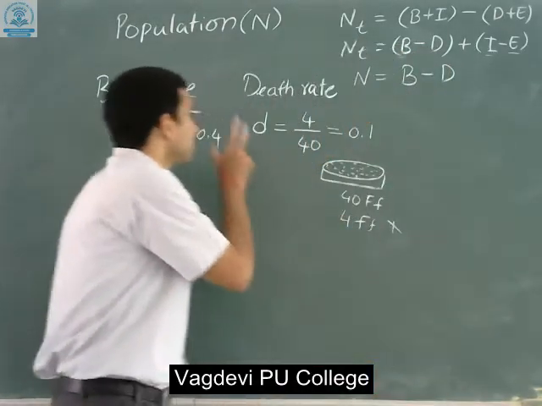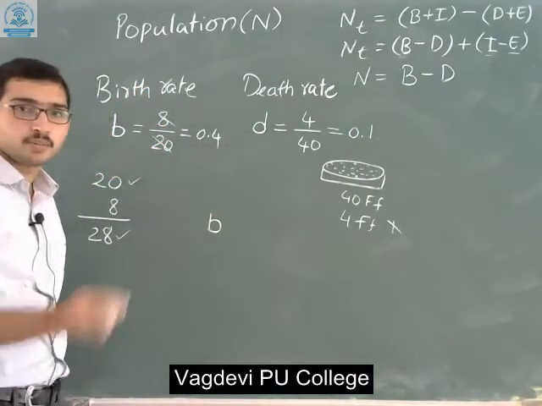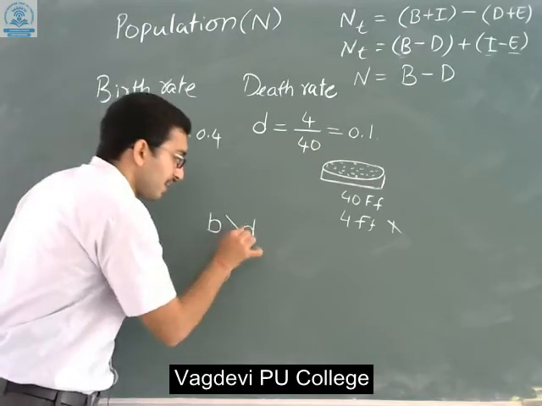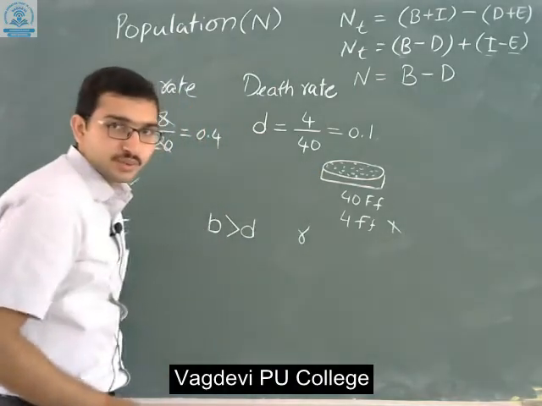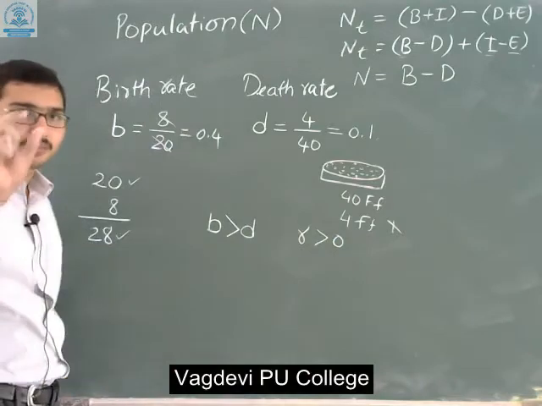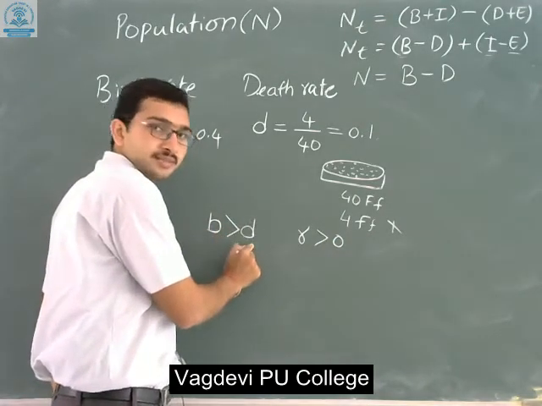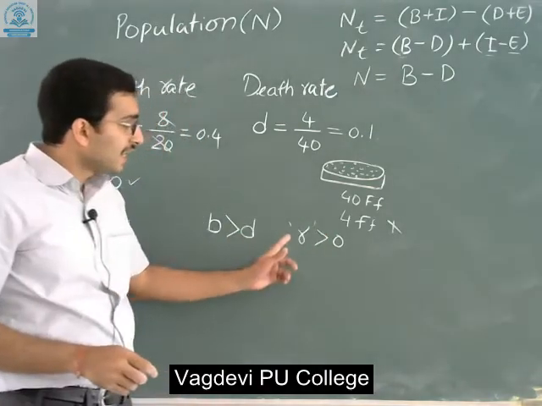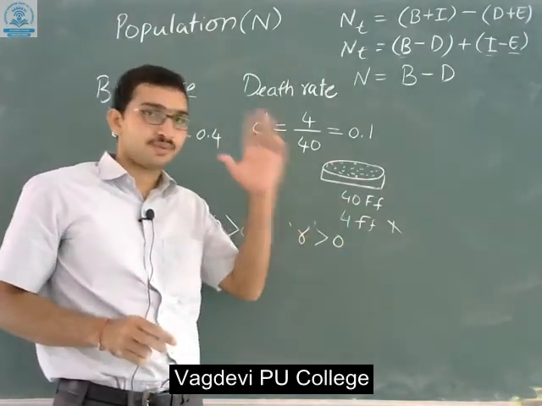Now keeping this in mind, if the birth rate in a population is greater than the death rate, then the per capita growth rate will also be greater than 0. Please note down: if the birth rate is greater than the death rate, then automatically the per capita growth rate, that is the intrinsic rate of population, will also be greater than 0.